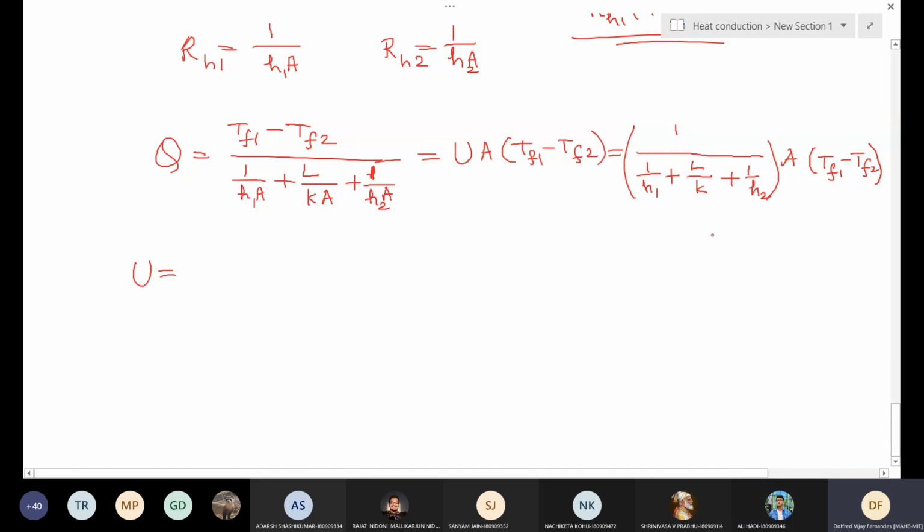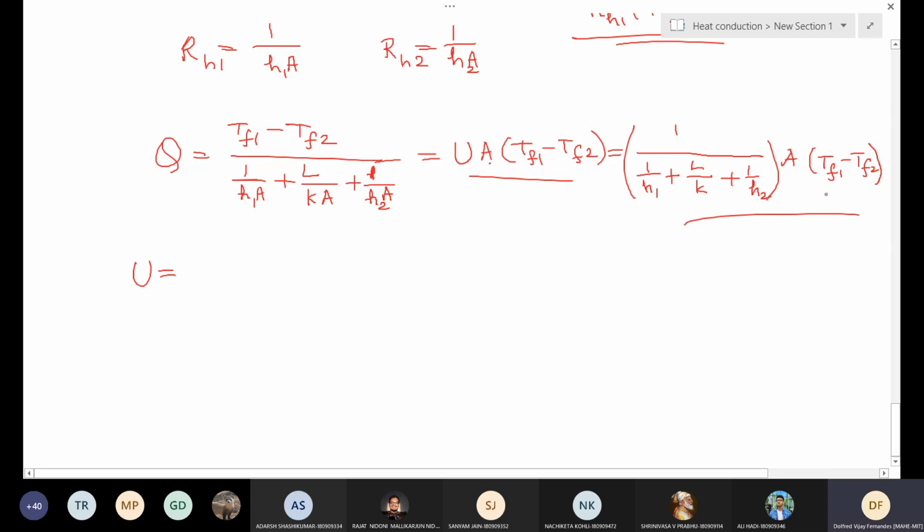Look at this equation and tell me what is U. Look at here and tell me what is U. U equal to, why is it so difficult, man?